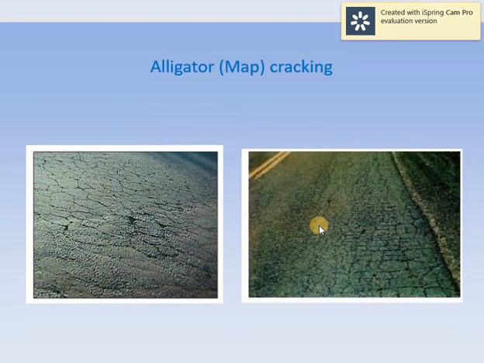So the very first one, alligator, map cracking or fatigue cracking. In this figure, you can see the alligator or map cracking. This is a common type of failure of flexible pavements, also known as fatigue failure.